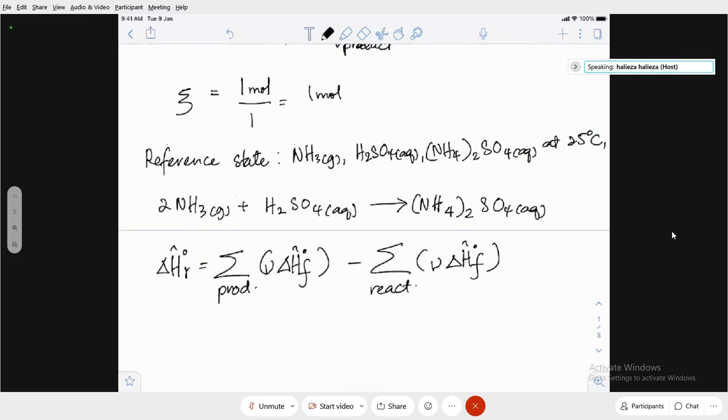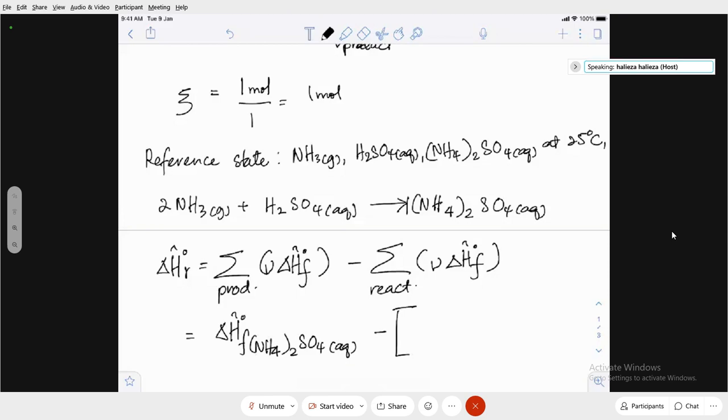So let's list down what we have for the product. The stoichiometric coefficient is 1, so I'm not going to write that. For the heat of formation of your aqueous product, ammonium sulfate, aqueous, minus your reactant. We have ammonia gas.